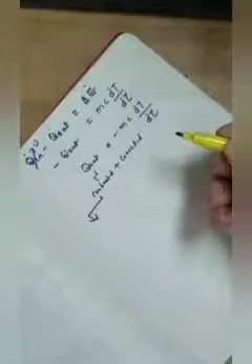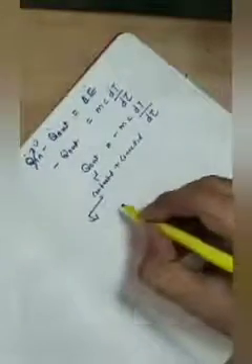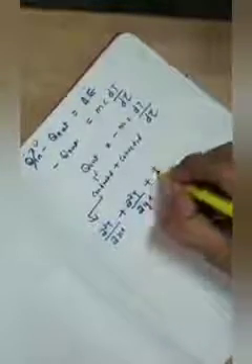The general conduction equation we already studied in the first module. Let's write the general heat conduction equation: ∂²T/∂x² plus ∂²T/∂y² plus ∂²T/∂z² plus Qg/K is equal to 1/α ∂T/∂τ.